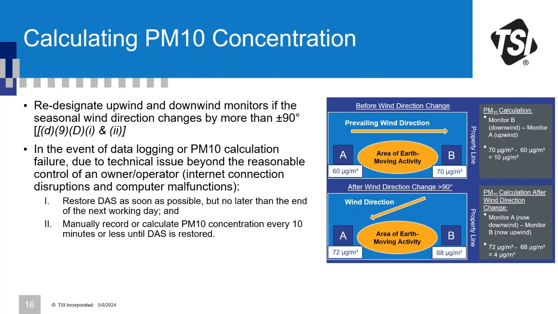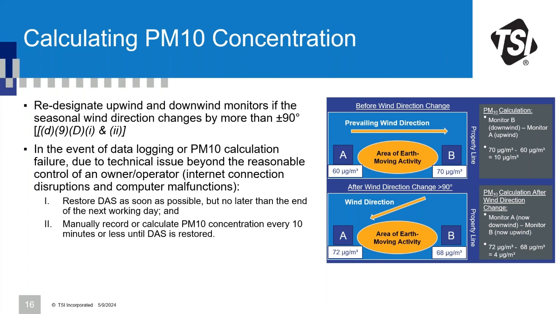It was determined, and actually taken into consideration, that two monitors would be sufficient to capture that dust, as long as you have that wind data. That's why it's important to have the PM10, but also the wind speed and direction data included as well. But these are the minimum requirements. If you feel more comfortable having more than one, there's definitely an option available. I've had sites that do have four and are just covering all their bases, but the minimum requirement would be two.